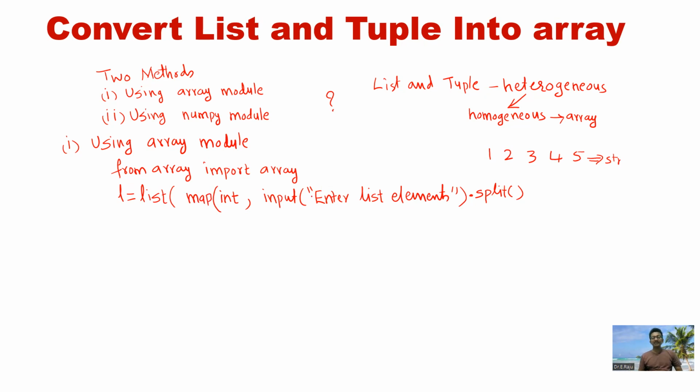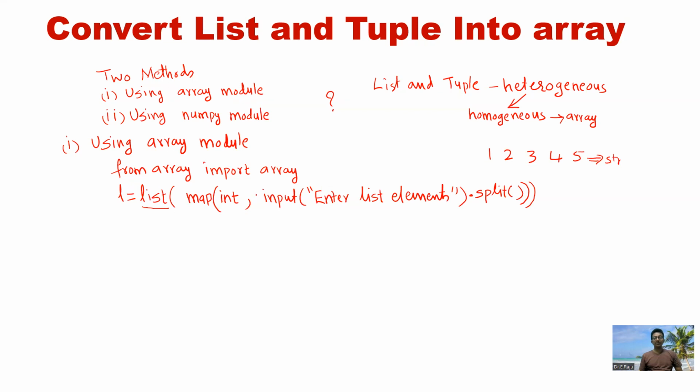This map function generates an iterator of individual elements, and that iterator is given to the list method, which converts the given input into a list here.